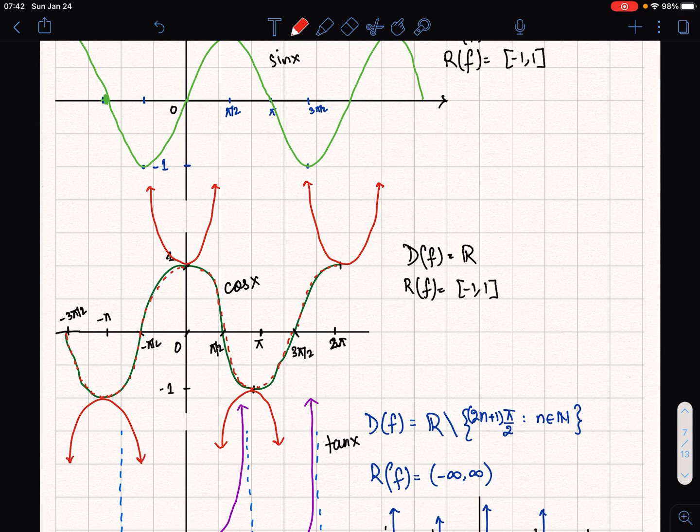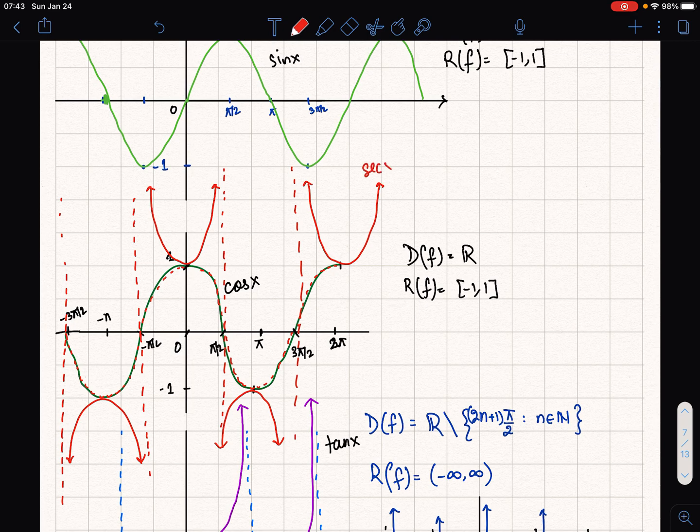So essentially, secant x never touches the 2n plus 1 pi by 2 terms from any side. It starts approaching infinity from those sides. Like this.